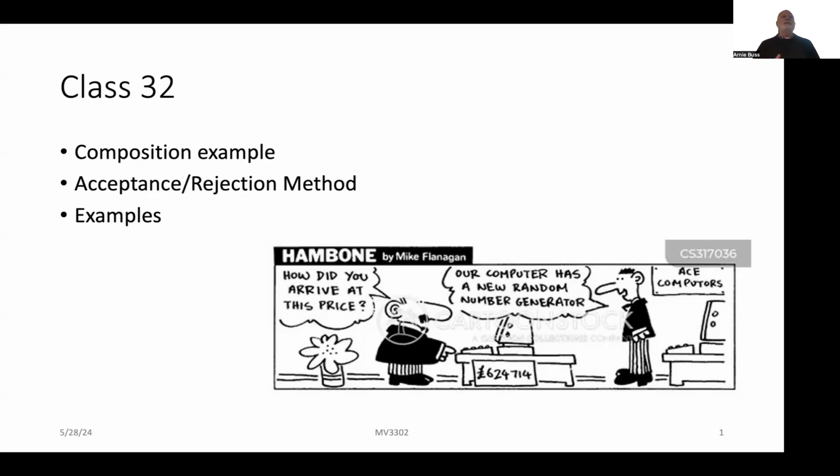Then we moved into random variate generation, which is how do you take these uniform 0-1 random variables and turn them into one with another distribution. The first and most basic way to do that is the inverse transform method.